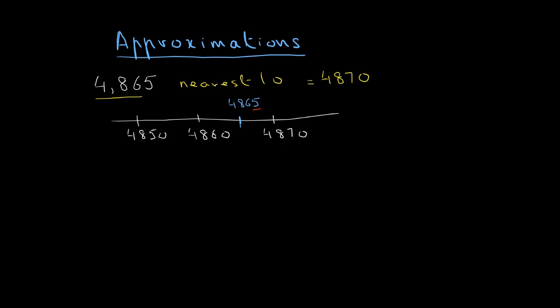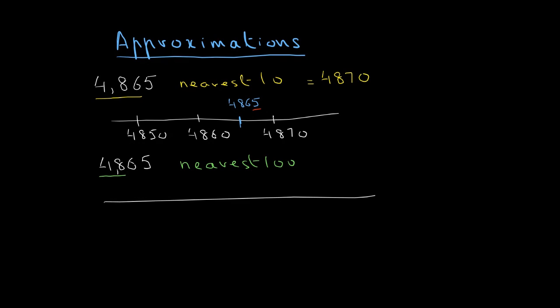Now let's take the same number, 4865, and now we want to round to the nearest 100. We can think of this number, the first two digits, as 48 hundreds. So I'm going to draw the number line again. Since I'm dealing with hundreds, here I'm going to have 48 hundreds and here I'm going to have 49 hundreds.